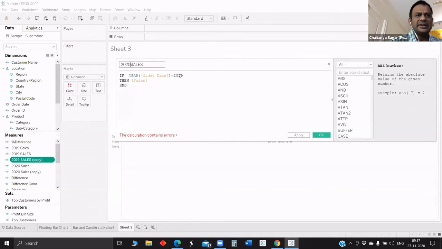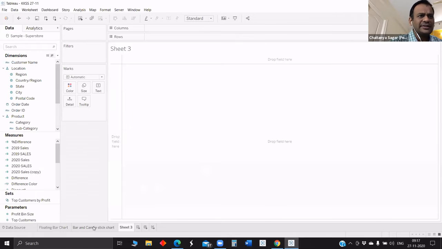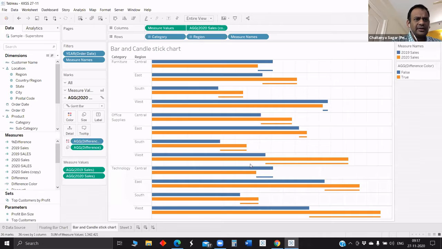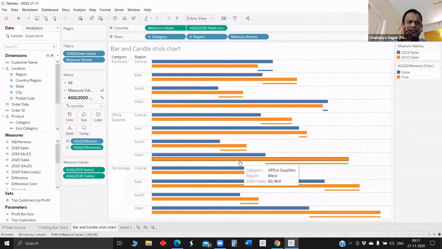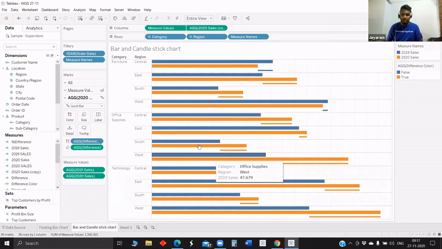So, Jairam, just explain a little further. What is the goal that we have, in terms of what we are trying to achieve? The goal here is to visualize the sales year by year, and we are also trying to add the magnitude of difference in the view.